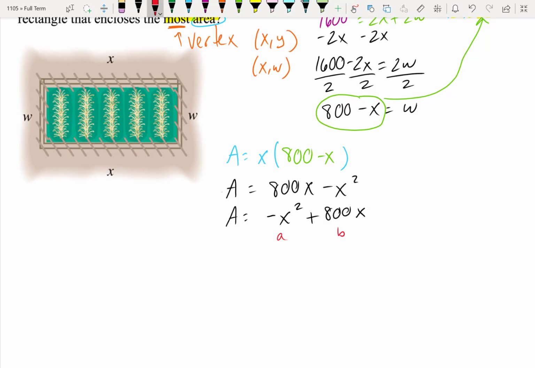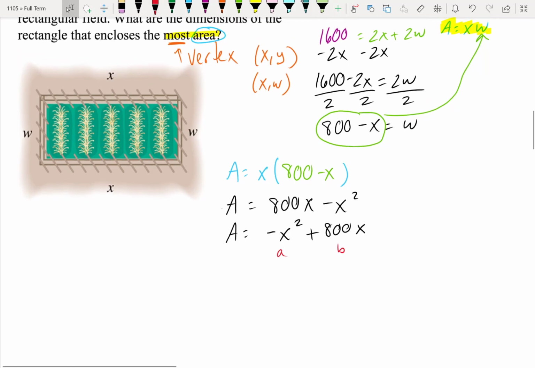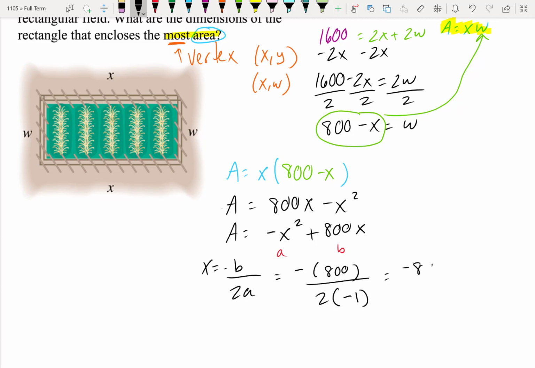All right, now that we have a quadratic, we can go ahead and find the most, aka vertex, of the area. To find the vertex, we use our handy dandy formula x equals -b over 2a. So we have -b, which is 800, over 2 times a, which is -1. So -800 over -2, we get 400.